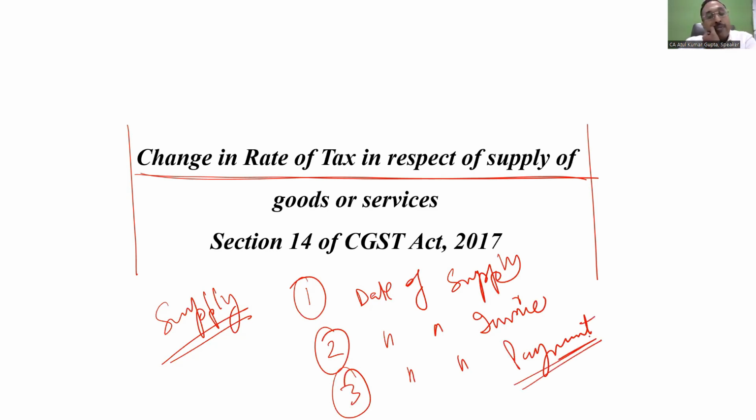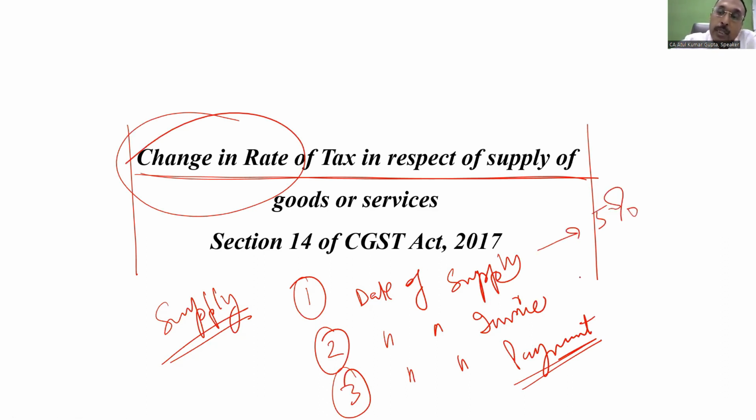Now, my dear friend, in this kind of scenario, at times you will witness that there is a change in rate of tax. Say, for example, when the goods were supplied, it was 5%, and even the invoice was raised at the rate of 5%. When the payment was received, it became 12%.